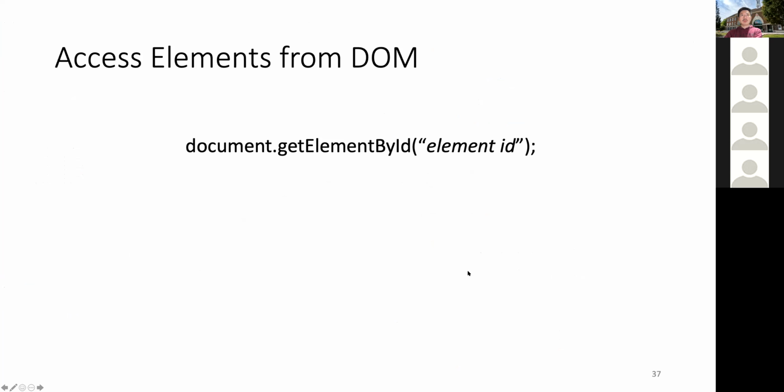So what we're going to do here is use something called document.getElementById to refer to one of the elements on the page. The document is a predefined object which represents the entire page, and this is one of its methods. You can use that to return an element by its ID.